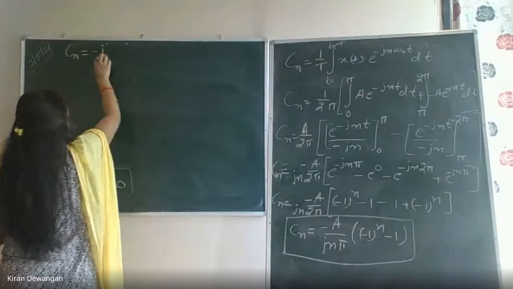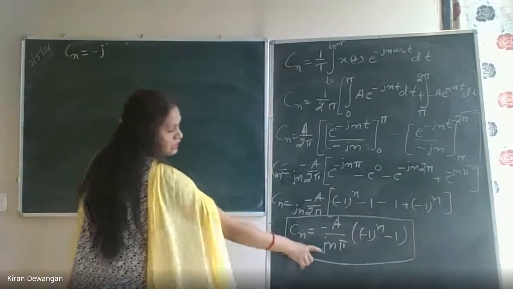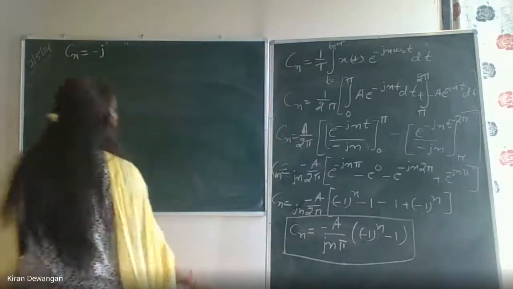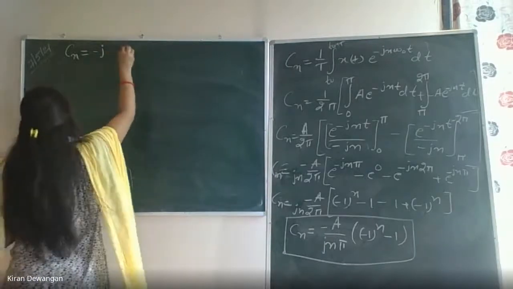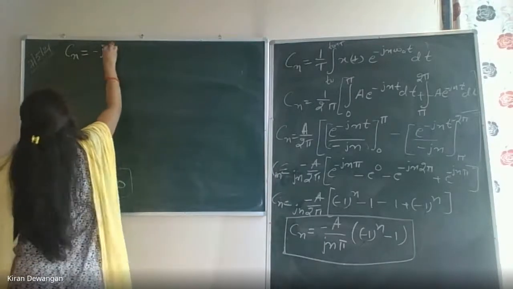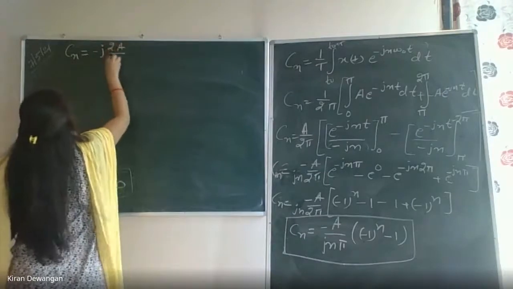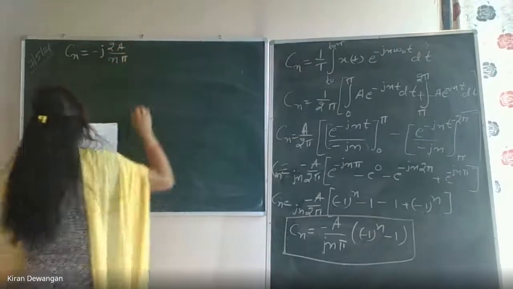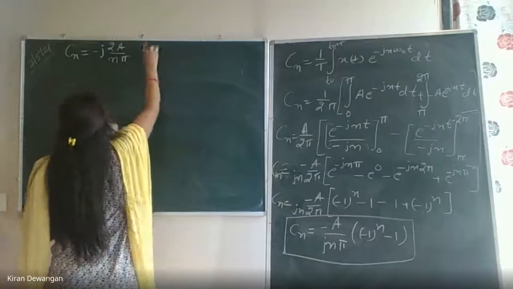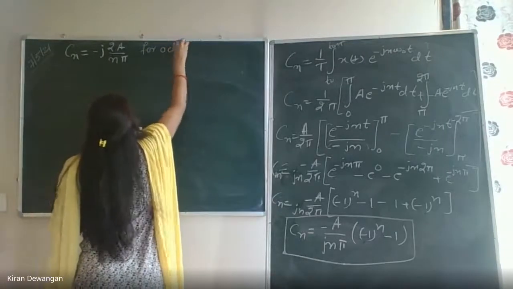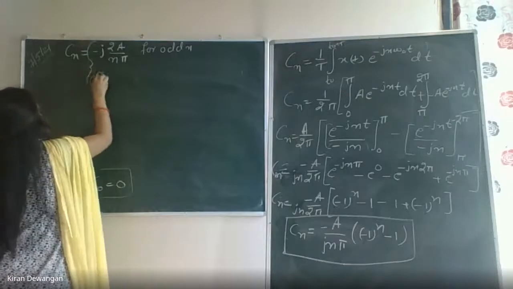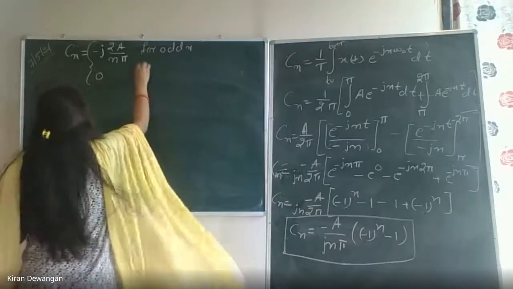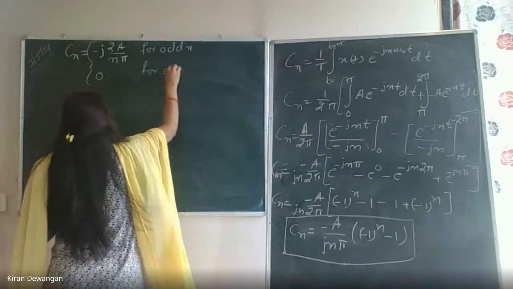Accordingly, we can write it as: if Cn is taken, the j in the denominator is taken up, and this becomes minus j. So Cn is minus j 2a by n pi for odd values of n, and it will be 0 for even values of n.